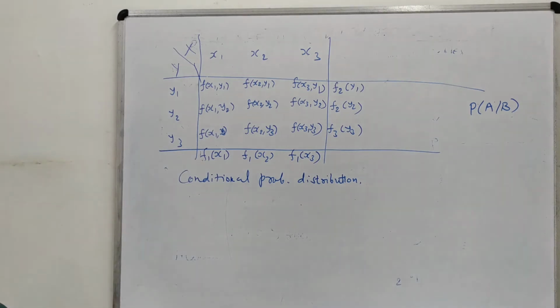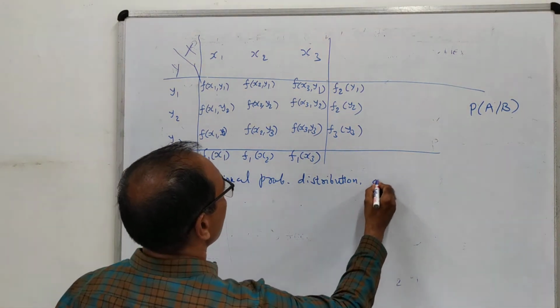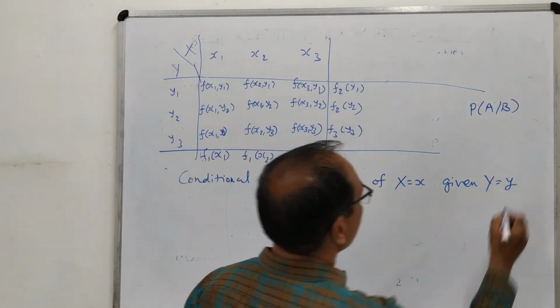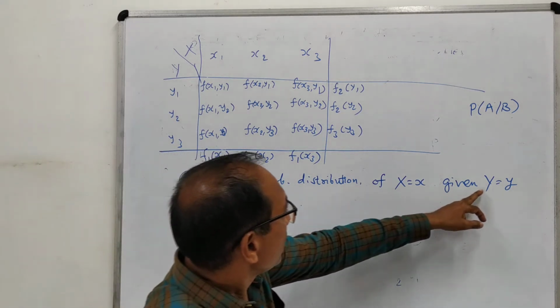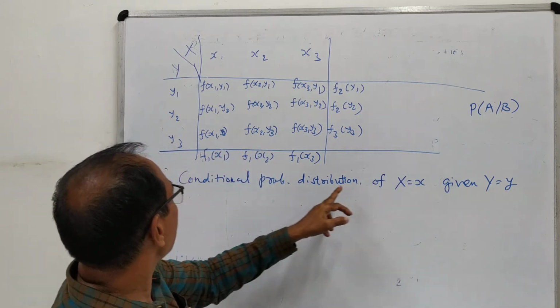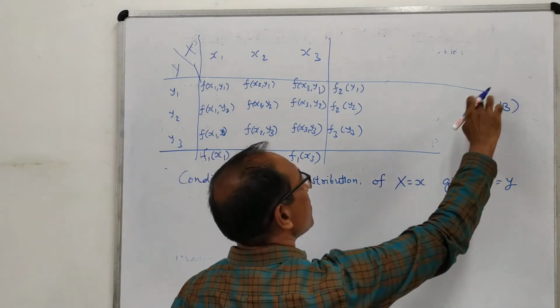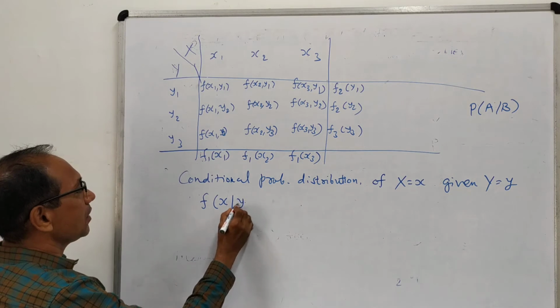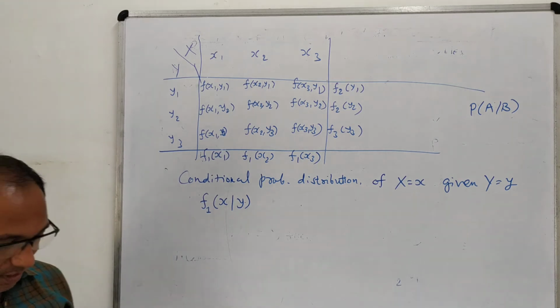Likewise here, we can find the conditional probability distribution of capital X equal to X given the value of Y equal to Y. Here the value of Y will be given, and corresponding to Y equal to Y we want to find the conditional probability of X. Likewise, B is given and we want to find the probability of A. Since it is related to X, we denote this conditional probability again by F1.